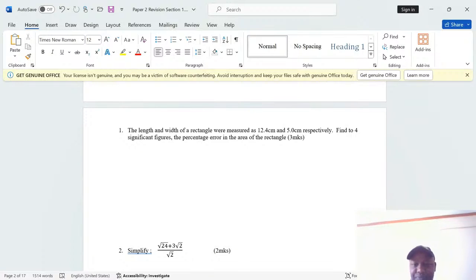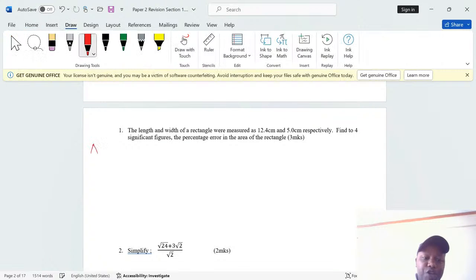Remember, when we are talking about errors, there is what we call absolute error, there is relative error, and there is the percentage error. I want us to address the 3 errors in the above question systematically. First of all, there is the relative error in the recording of the dimensions.